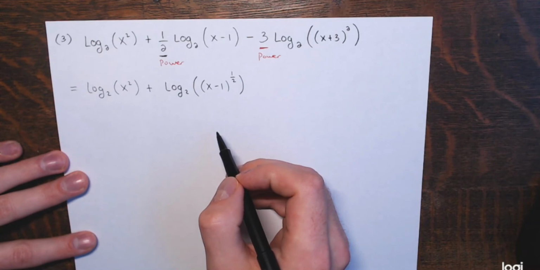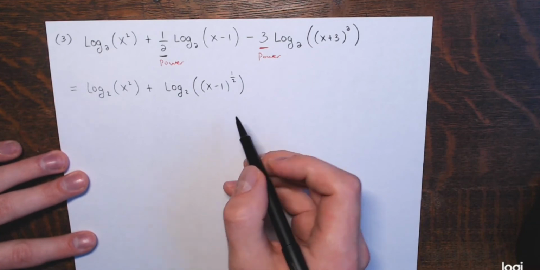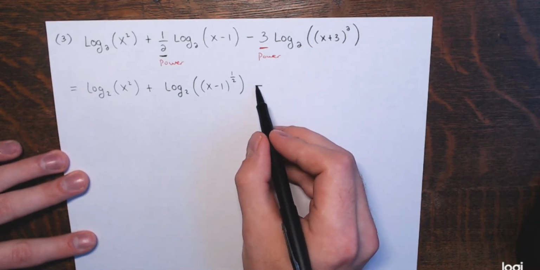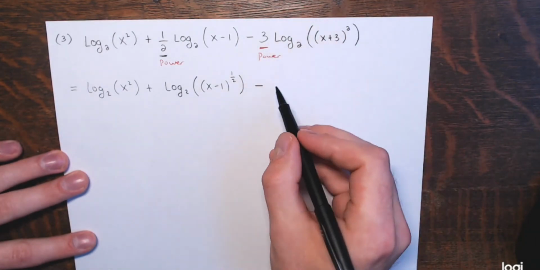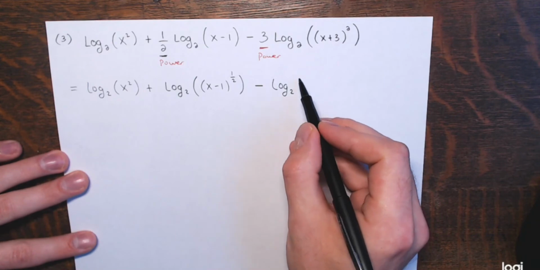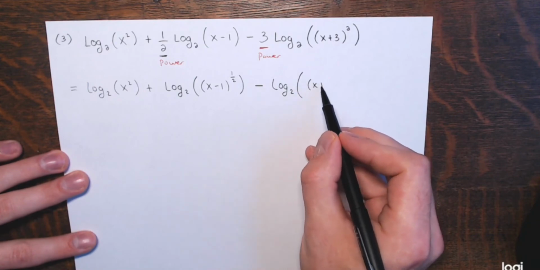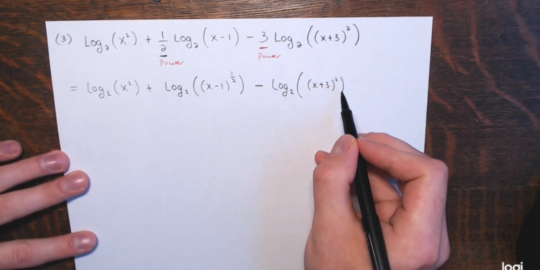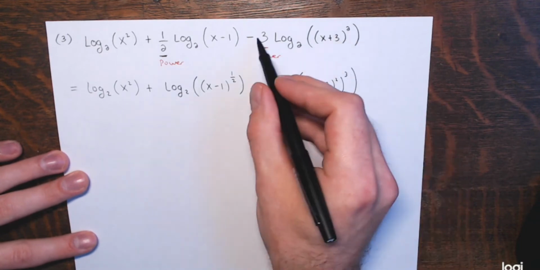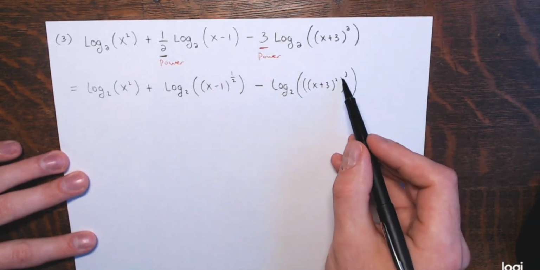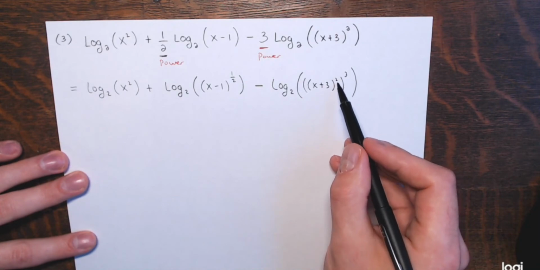Remember, to the half power means square root as well. Then the minus I'm keeping, and then putting that 3 inside, and we have the log base 2 of x plus 3 squared, cubed, right? Whatever was inside here to the third power. So we'll make that to the sixth power, power to a power rule.